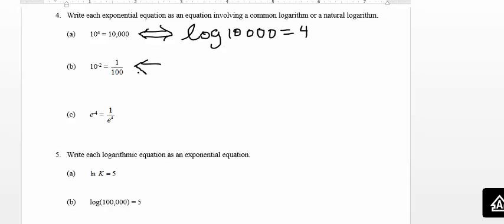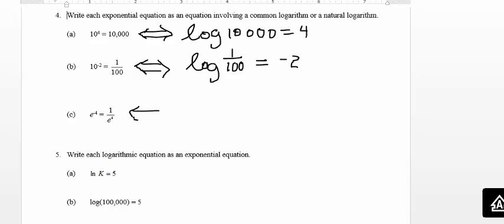Here I have 10 to the negative 2 equals 1 over 100. So common log of 1 over 100 is equal to negative 2. Here I have e to the negative fourth equals 1 over e to the fourth.